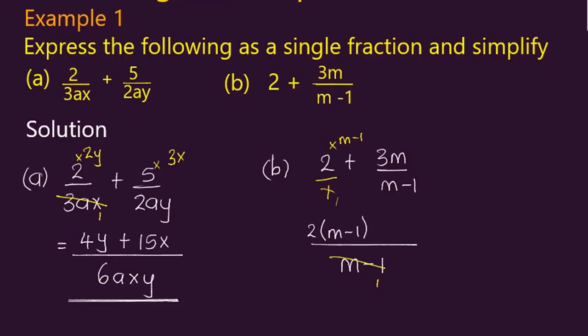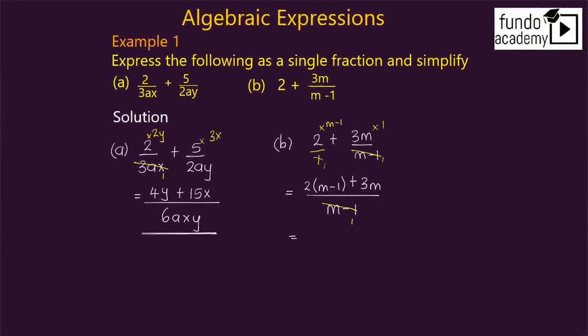And again I divide m minus 1 into m minus 1, and I get 1 and I multiply the numerator by 1. I get plus 3m. I simplify the numerator, multiplying 2 by m minus 1. This will give me 2m minus 2, and that's plus 3m, and that's all divided by m minus 1.